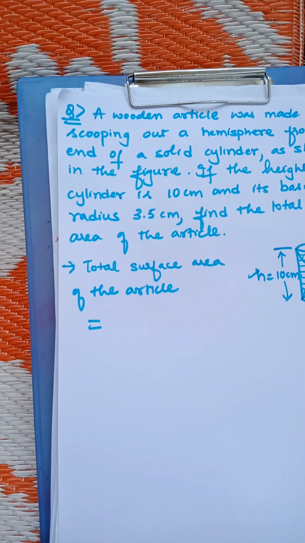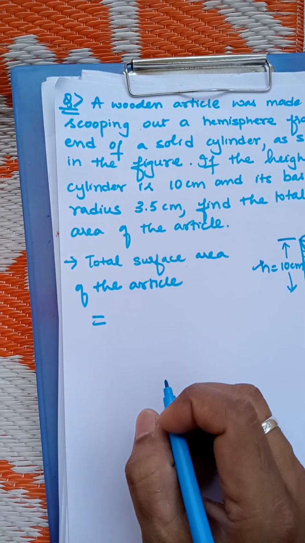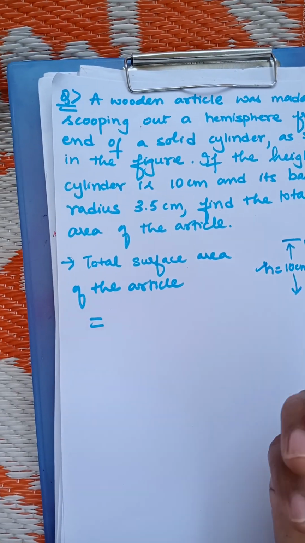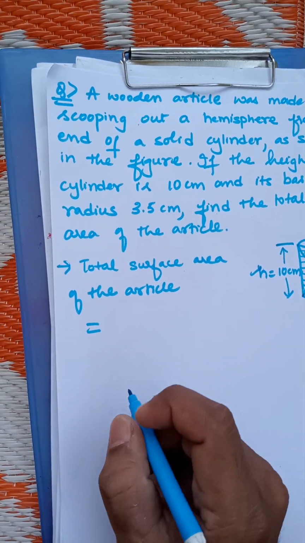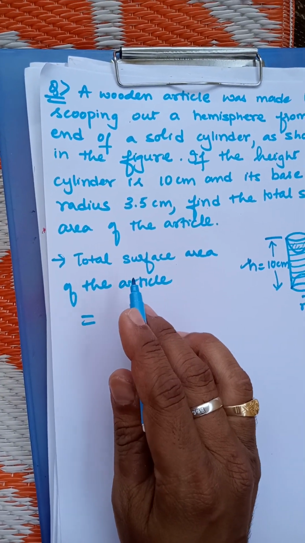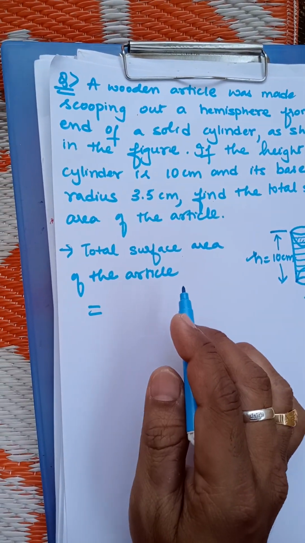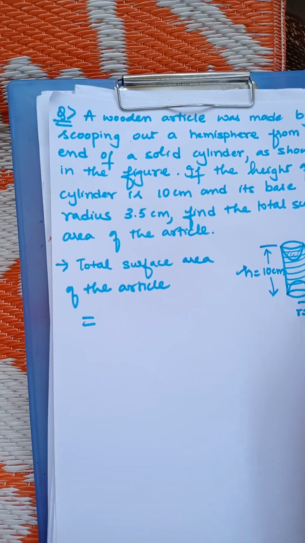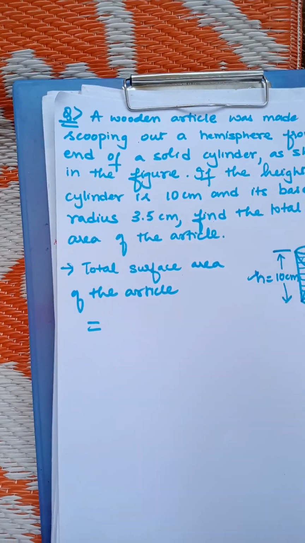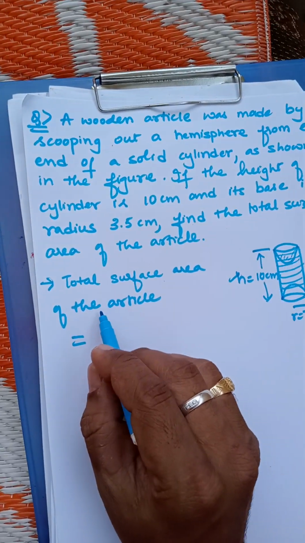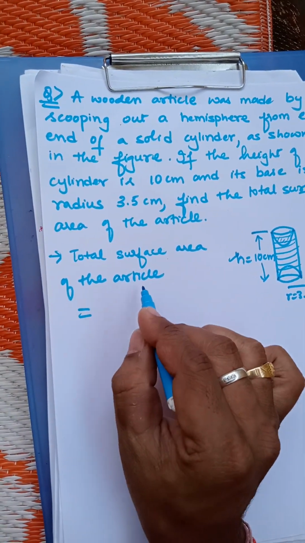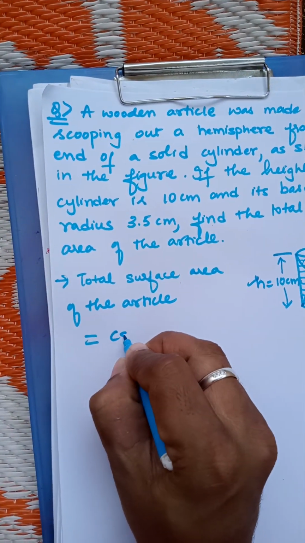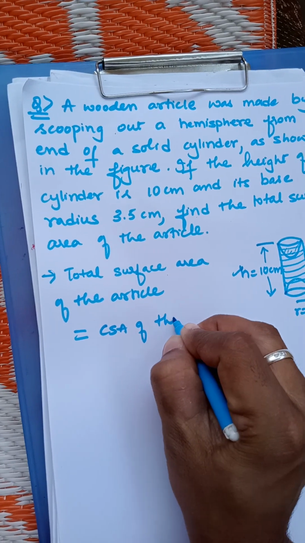That is also wrong. This simple addition can be used while calculating the volume, but here, as far as the total surface area of the article is concerned, we cannot simply add the TSA of the cylinder and the TSA of the hemisphere.